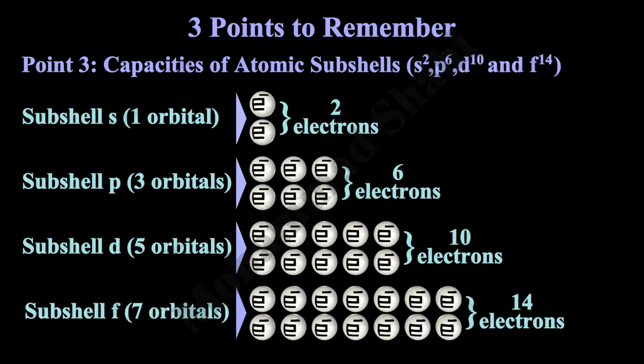So we have to move to the next subshell after putting 2 electrons in an s subshell, 6 electrons in a p subshell, 10 electrons in a d subshell, and 14 electrons in the case of an f subshell.